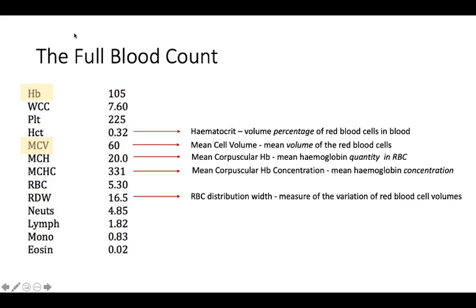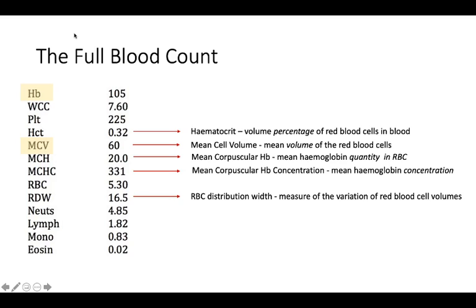So before we start, just to give you a bit of a recap on the red cell indices on the full blood count, which is what we usually use in the differential diagnosis of different hematological conditions, especially the anemias. So firstly, HB, so you know that that's the concentration of hemoglobin in our blood.